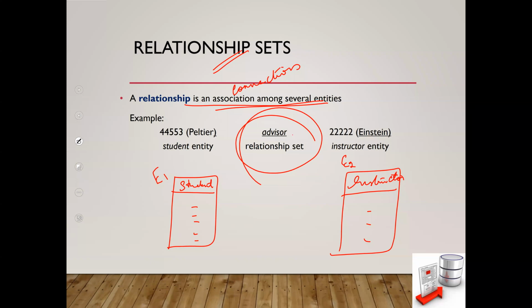They have given a relationship name called advisor, or you can say teaches, or taught by. So I can have a relationship between student and instructor. I can say student is taught by the instructor. So both these entities are connected with the help of something called a relationship.